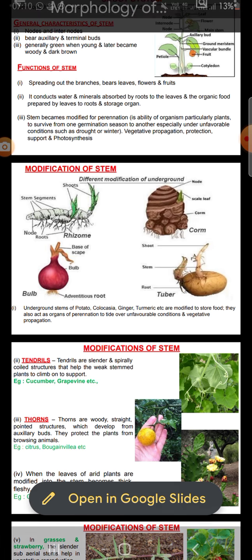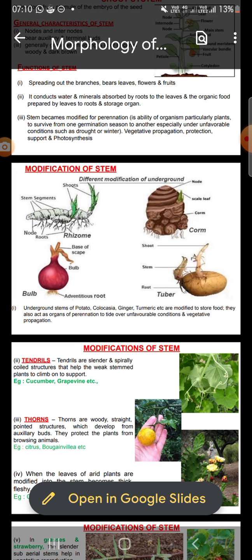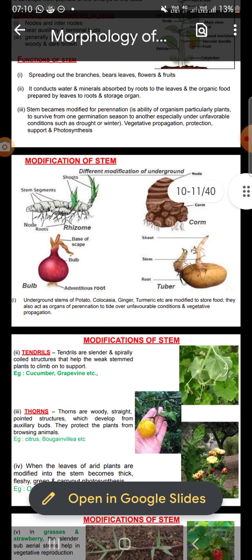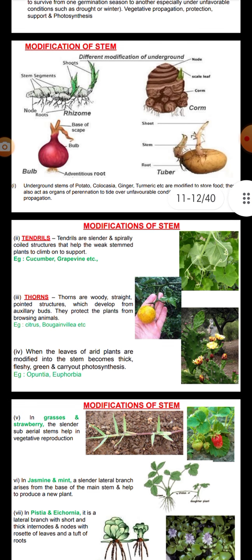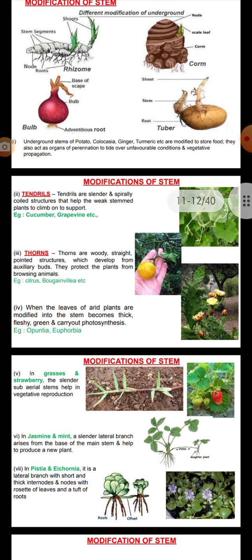The underground stems of potato, colocasia, ginger and turmeric store food. Sometimes stems also help in vegetative propagation.